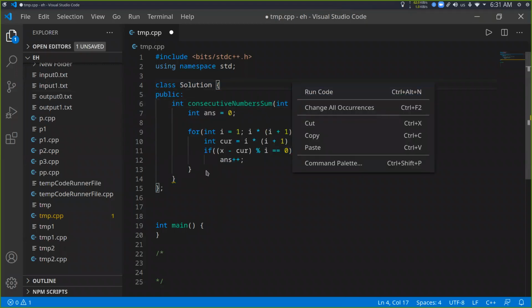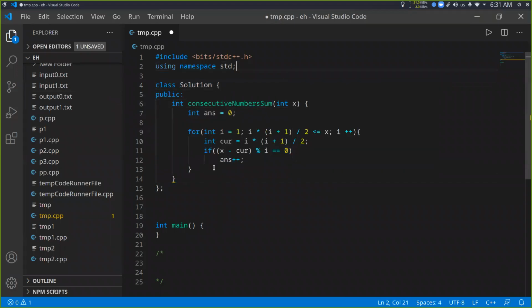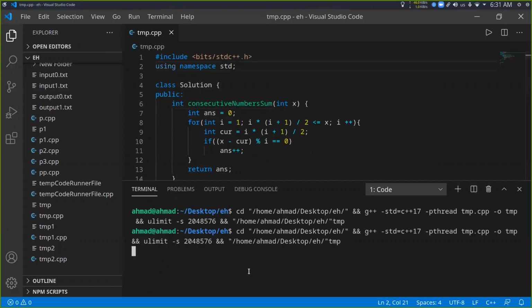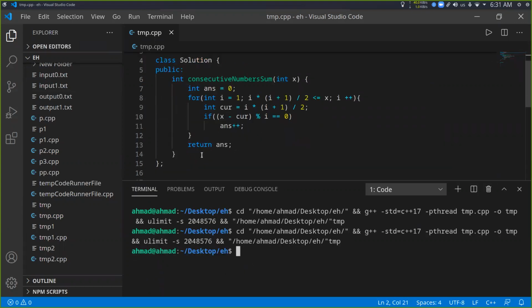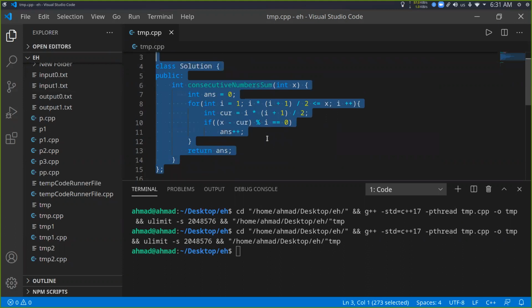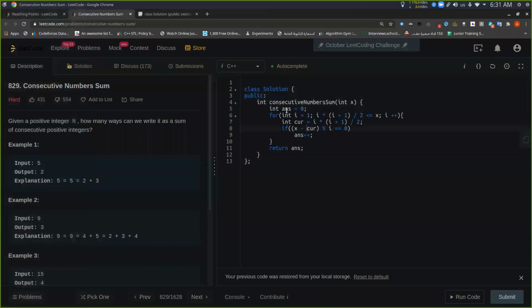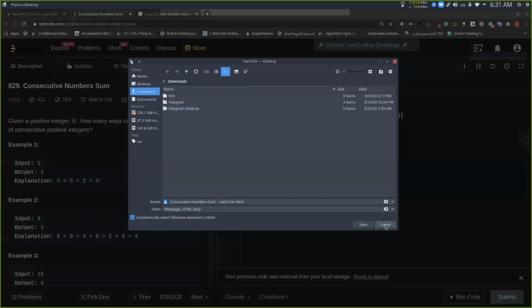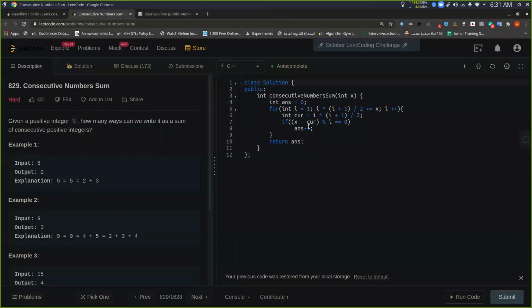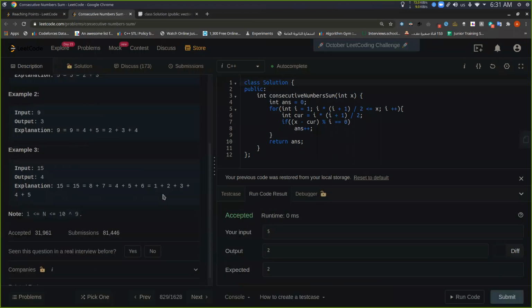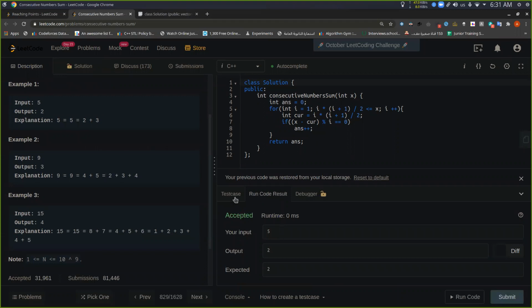Let's try to run this. Yeah, I should return answer. So 5 outputs 2.